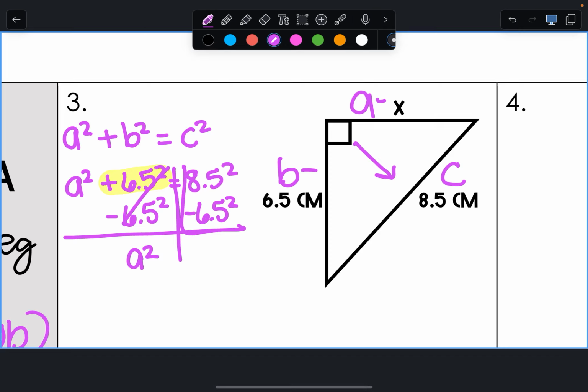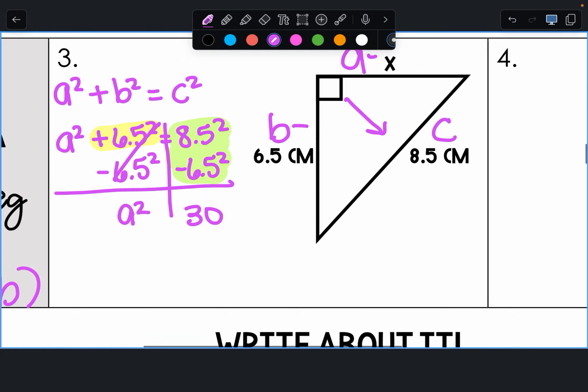Now all of this you can type into the calculator. Put 8.5 squared minus 6.5 squared. 30, like exactly 30? Yeah, 30.